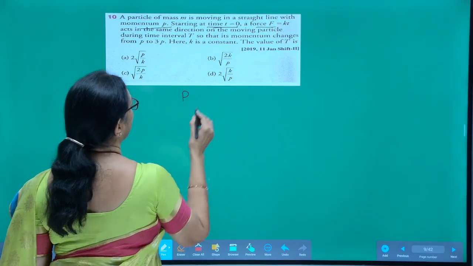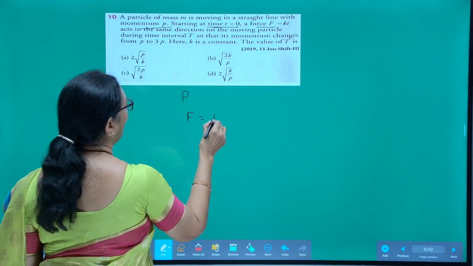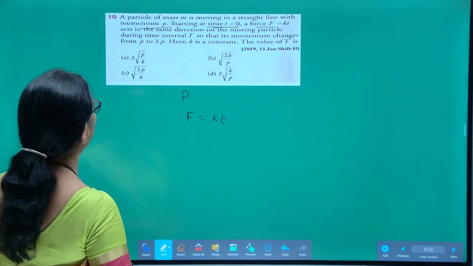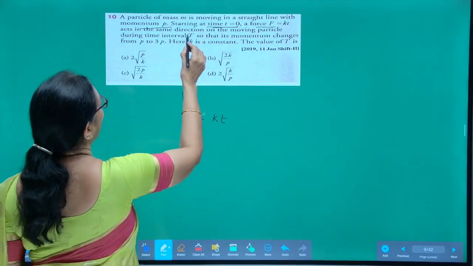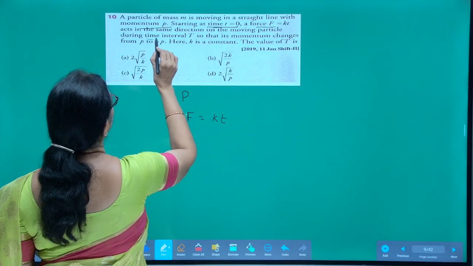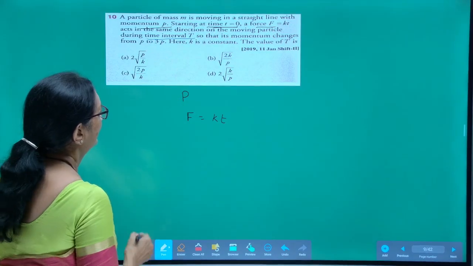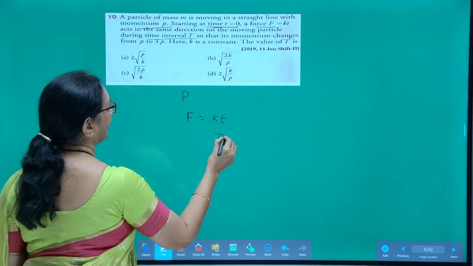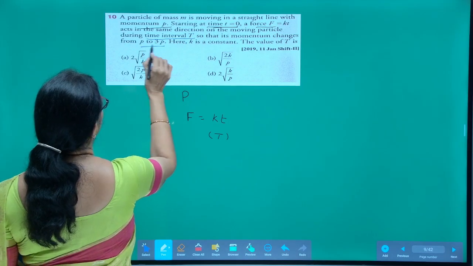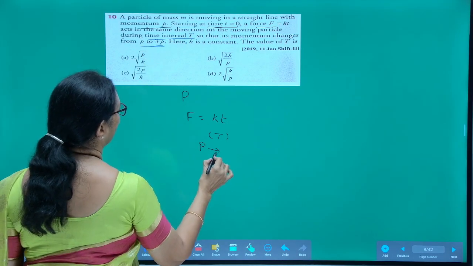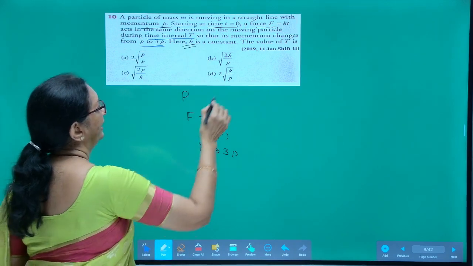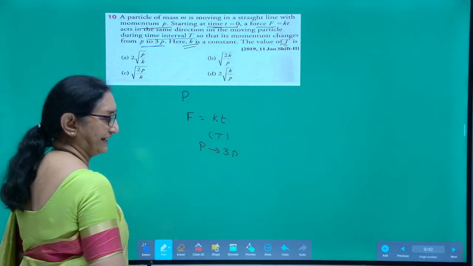The force F, which is a variable function of time, F is equal to kt, acts in the same direction on the moving particle during the time interval t, so that the momentum changes from p to 3p. Here k is a constant, what is the value of t?